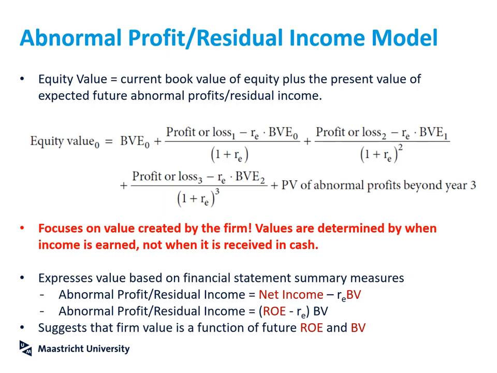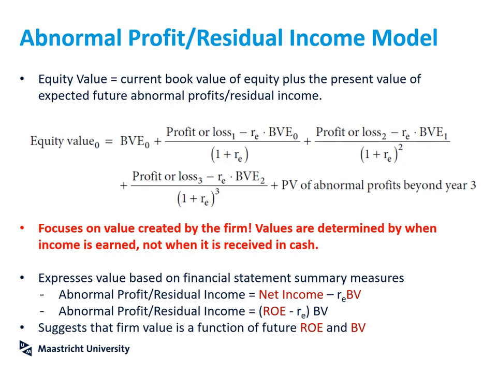And you can see this from a net income perspective, but also from what we've seen before in the financial analysis sessions from a ROE perspective. So basically, the company is adding value whenever their return on equity, the return they are generating for investors, is higher than the cost of equity, the return that investors expect on this investment.